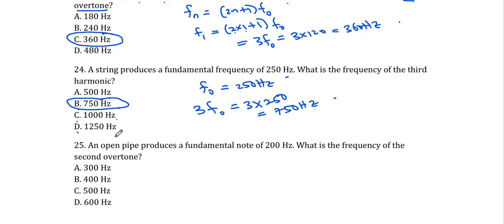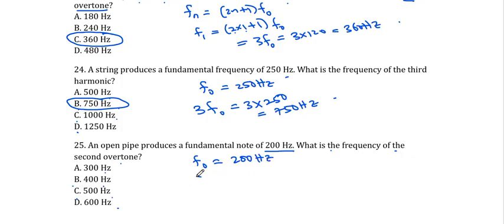Okay, then we have number 25. An open pipe produces a fundamental note of 200 Hertz. What is the frequency of the second overtone? A, 300 Hz, B, 400 Hz, C, 500 Hz, D, 600 Hz. Now we write the parameters. The fundamental frequency is 200 Hz.